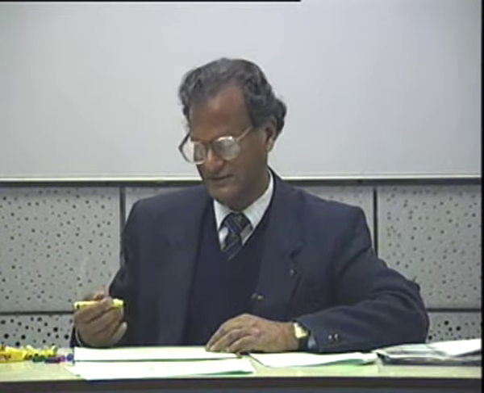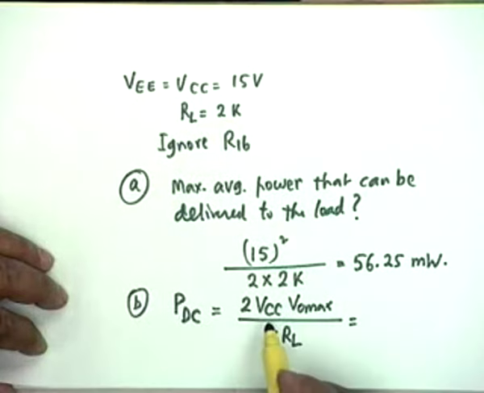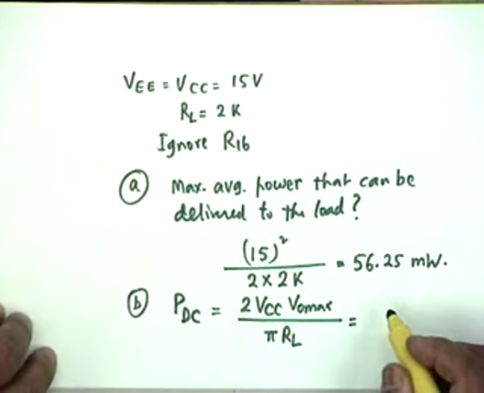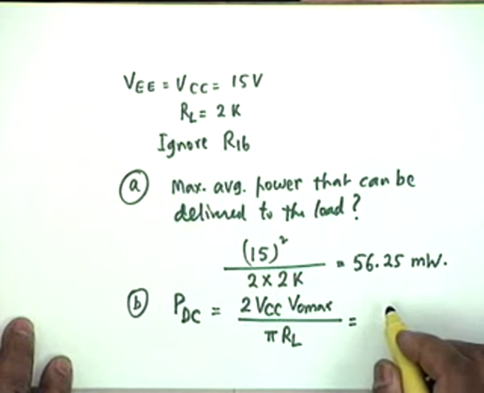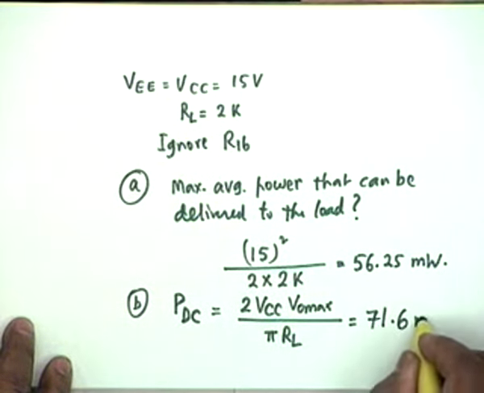That is VCC minus VEE. Okay. Now we know everything. We know VCC is 15 volt. We know RL. We know VO max. Again, we take either 15 or 14.8. I have taken 15, and it comes out as 71.6 milliwatt.